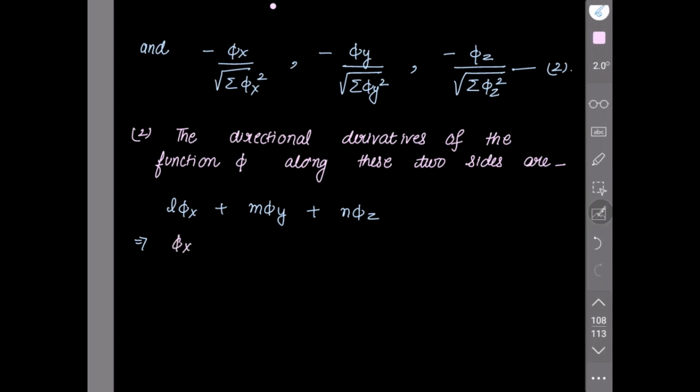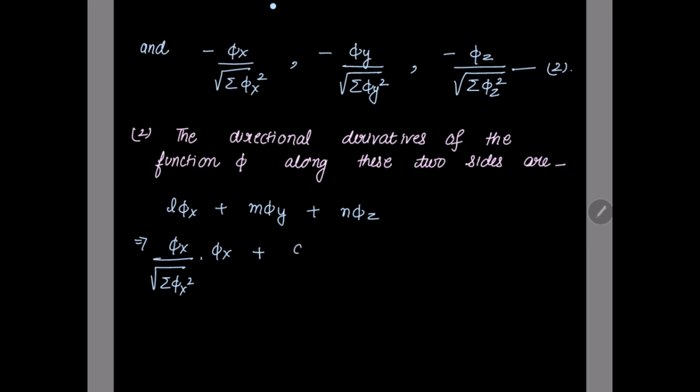Let me take a blue color pen. So put the value of L over here, which is phi x over root of summation phi x square, and I have this phi x also, plus M, which is phi y over root of summation phi y square, times phi y, then plus phi z over root of summation phi z square, and I also have this phi z.